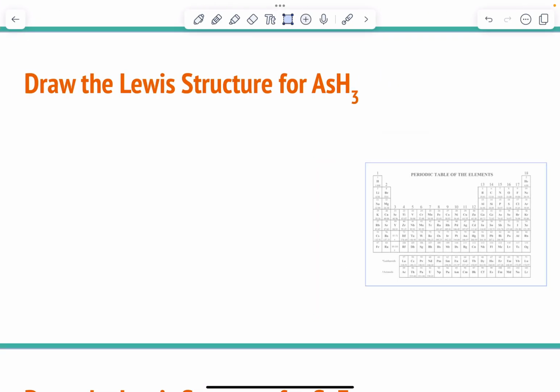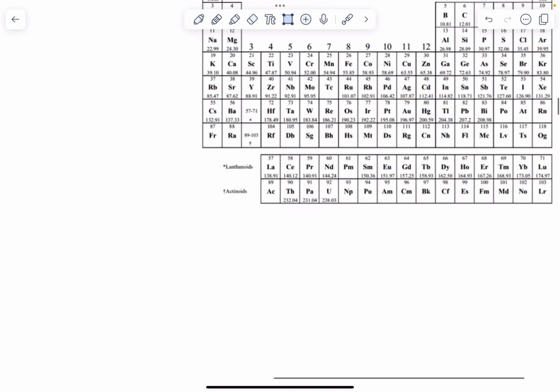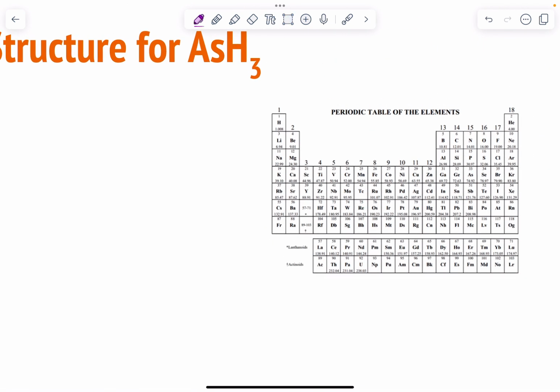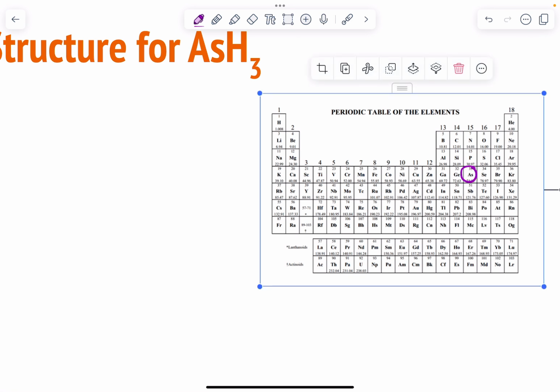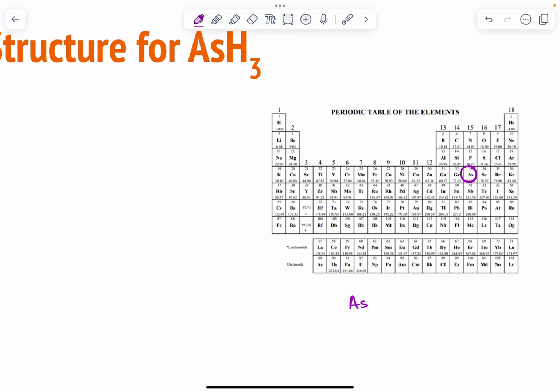Here we go. So I see that arsenic is here in group 15, which means it has 5 valence electrons. And hydrogen over here in group 1 has 1 valence electron, but there are 3 of them. So that's going to be 3. Okay, so this is 8 valence electrons total.